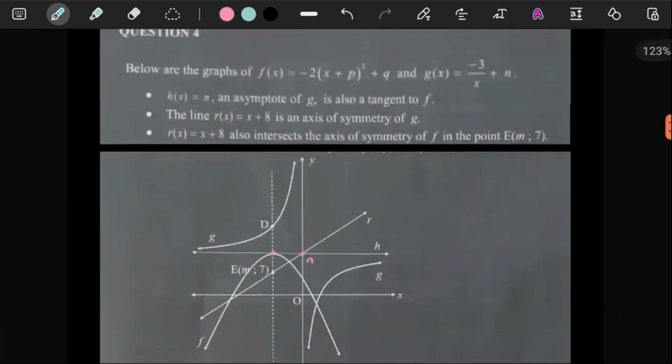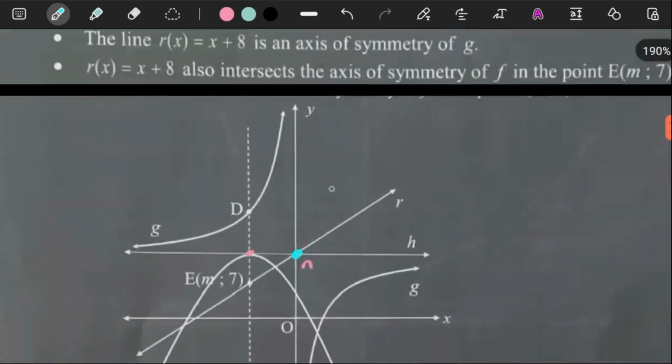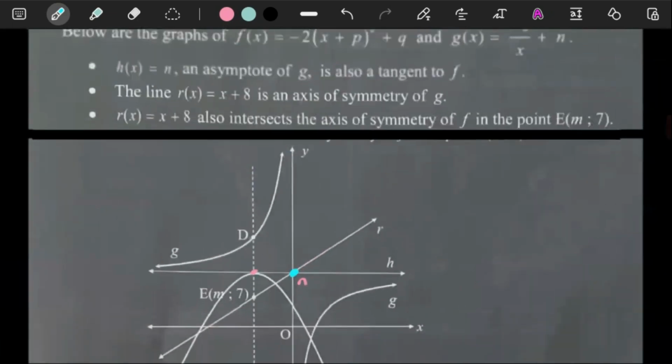But let's keep reading. It says here the line r, which is this straight line here, is an axis of symmetry of g. So what they actually mean is this is a line of symmetry for g, which is interesting because remember this line passes through the point where the asymptotes meet.